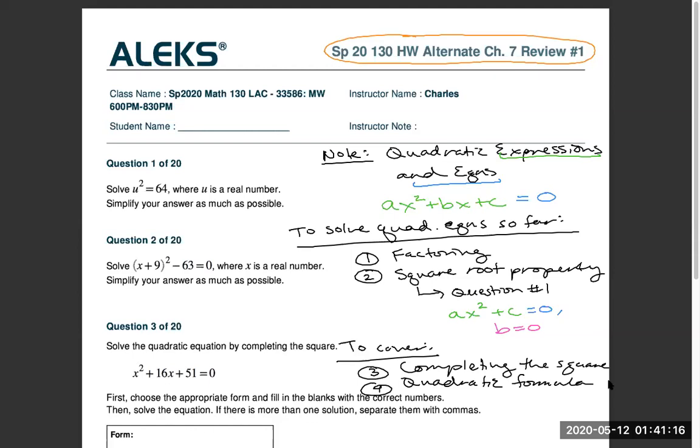I would really love to go into the details of how completing the square works out into the quadratic formula, but I don't really have the time right now in terms of the actual lecture portion. If you're interested in seeing it, let me know and I can make a video for you, or at least find one for you.